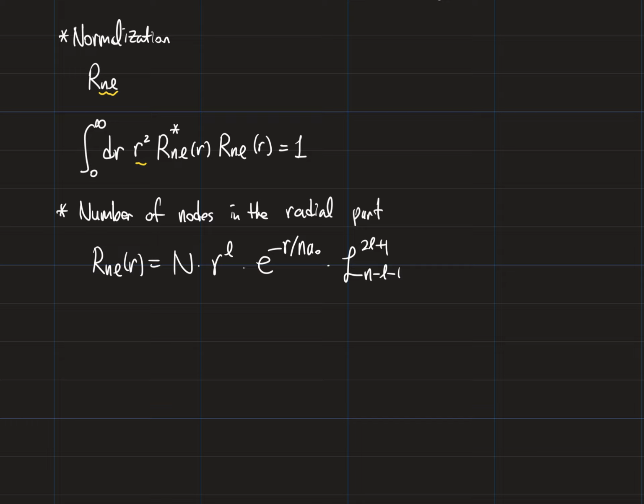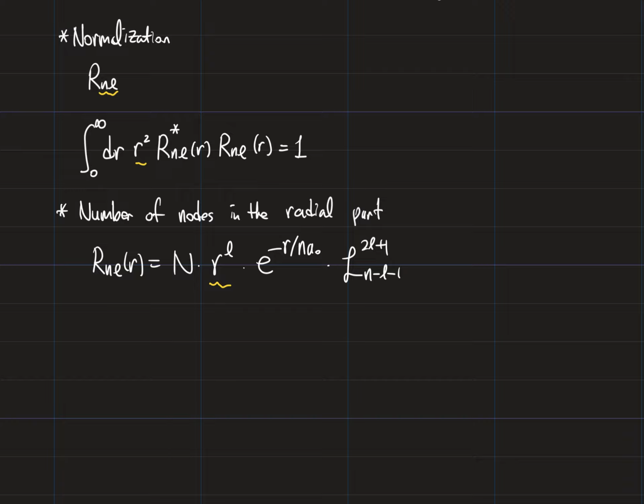When we say node in chemistry, it means the point where the function becomes 0, right? So you can look at which factor could be 0. Take r to the l.